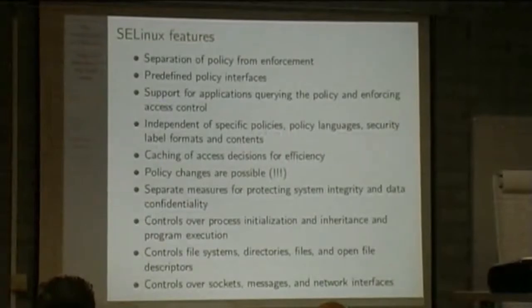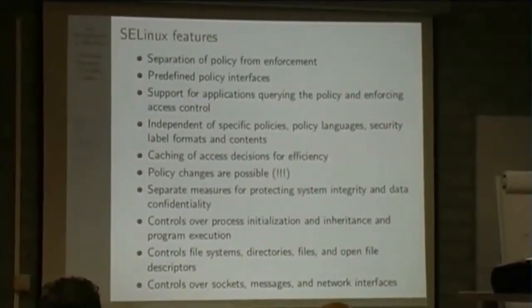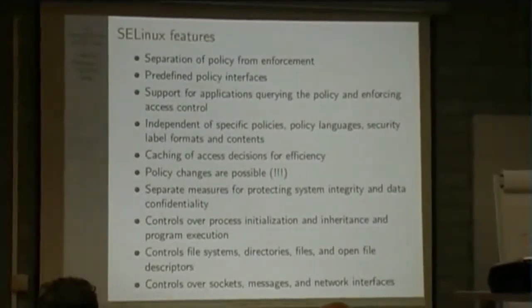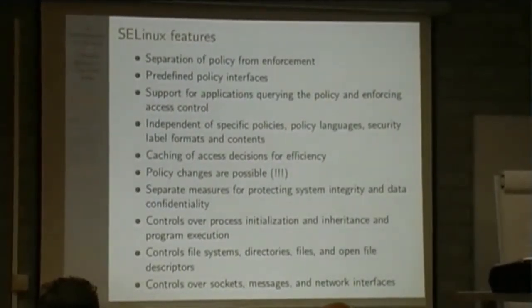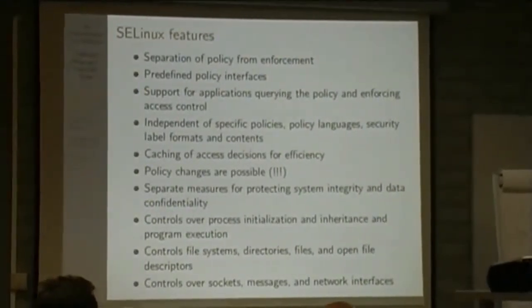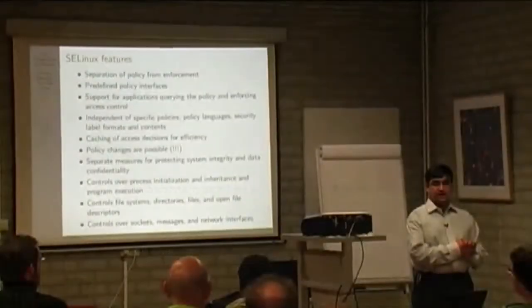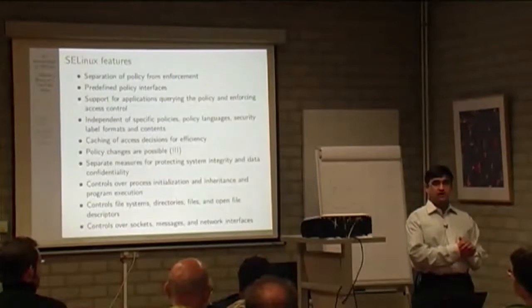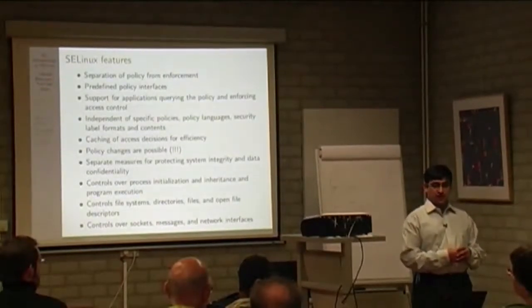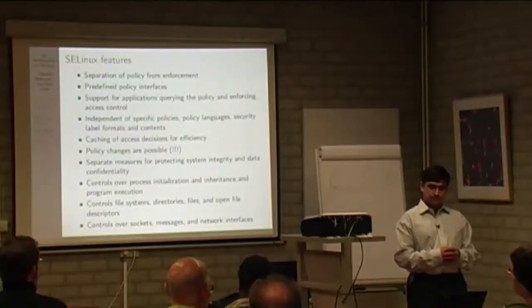So what are the features? Of course, you have policies which allow you to separate daemons. You can change policies, which was in the past not possible. So for people who are still running Enterprise Linux 4, policies were predefined and you can't change them. In 5 you can change them already, and in 6 you can even change them on the fly.